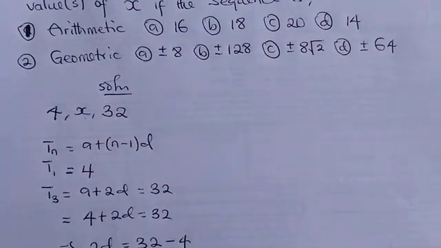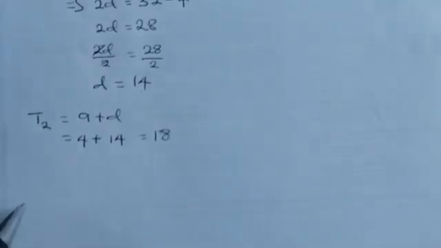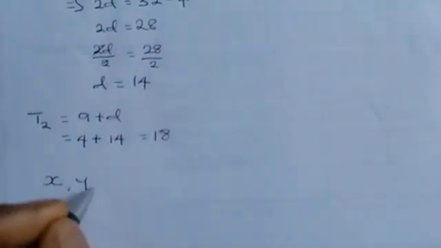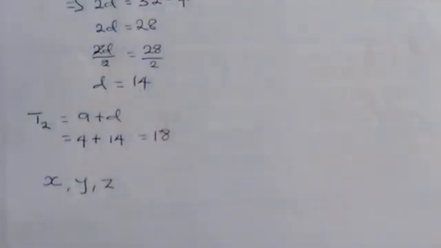Now, this question we can solve using arithmetic mean. In dealing with arithmetic mean, if three numbers, for instance, we have x, y, and z, are consecutive terms, the arithmetic mean of these three terms will be equal to y.